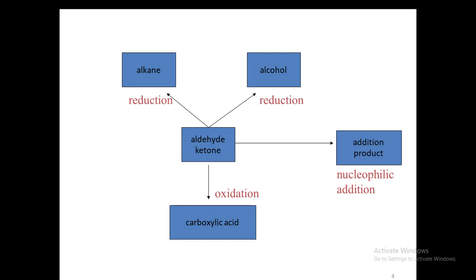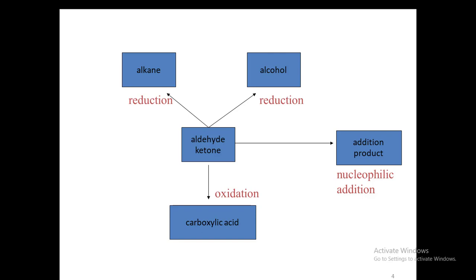There are certain named reactions which are frequently discussed or asked in the exam. So you have to list down some name reactions like Wolff-Kishner reaction, Clemmensen reduction, Cannizzaro reaction, aldol condensation, and also a few other reactions.